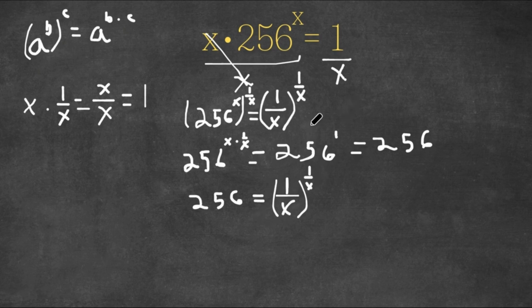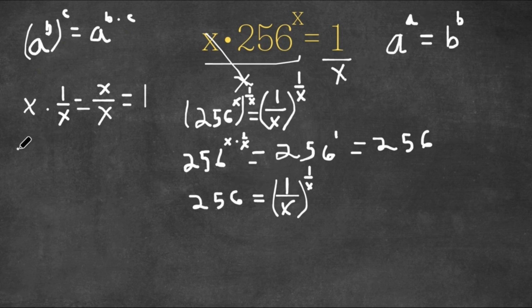Now what we want to do is we want to convert this equation so that it's in the form a to the power of a equals b to the power of b. So we already have b to the power of b over here because 1 over x to the power of 1 over x, they're both the same. Now we want to convert 256 so that it's in the form a to the power of a.